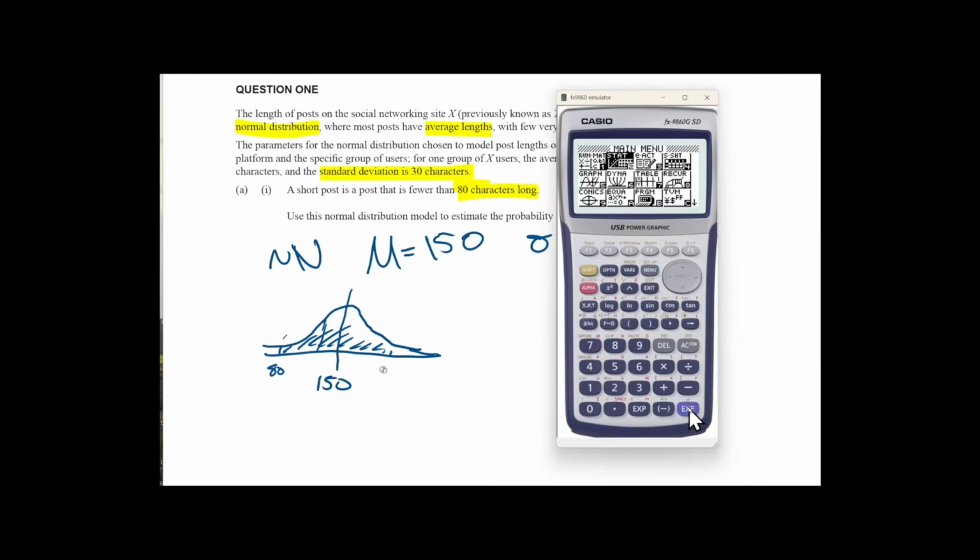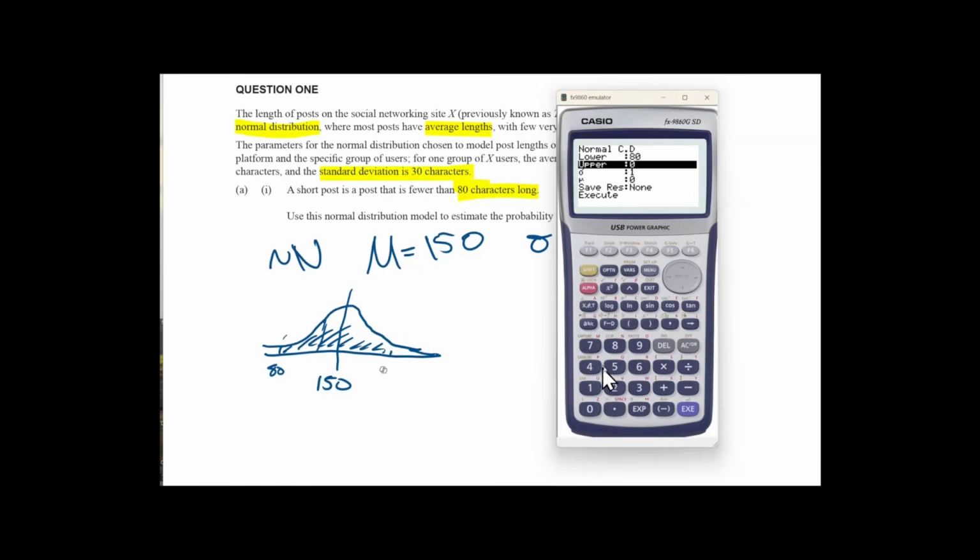Okay, so let's go to stat mode, and we're going to go to distribution, normal distribution, and we are going to go to cumulative. You never need to use the other one. We use the cumulative for this instance. The lower limit is going to be 80, of course.